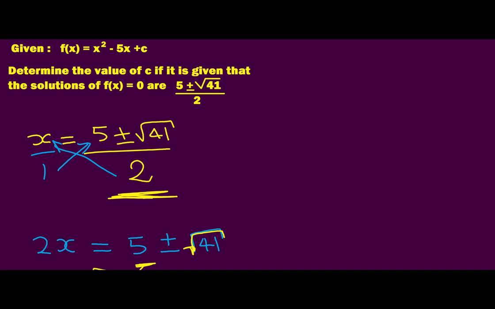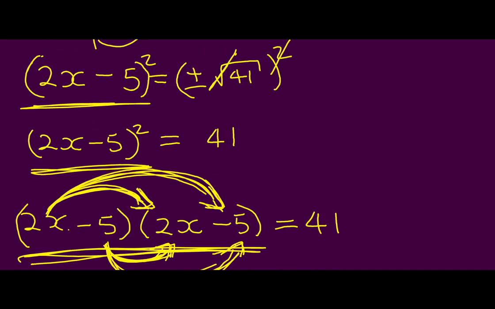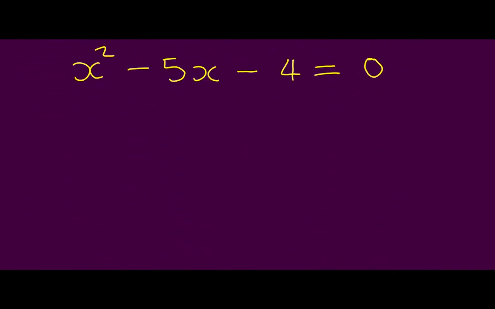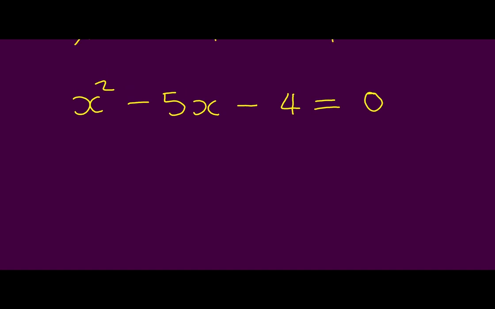And then if it is given that the solution of f at x equals 0. So I'm going to take that bottom solution to this top part so that we can see what is going on. So I'm going to take this portion, copy it and take it up here.